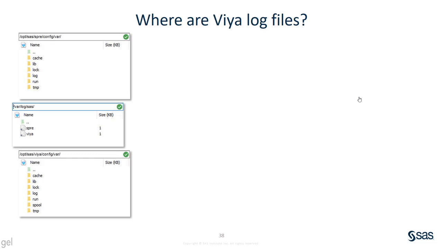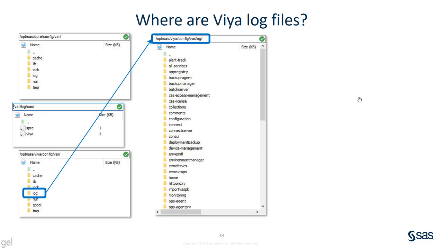We do it through links, but regardless, we still have a position in var logs SAS where we have links to both our VIA directory tree and our SPRI. Remember, SPRI is just the foundation SAS side of things. So if you're running regular SAS jobs, those logs are going to show up under the SPRI tree.